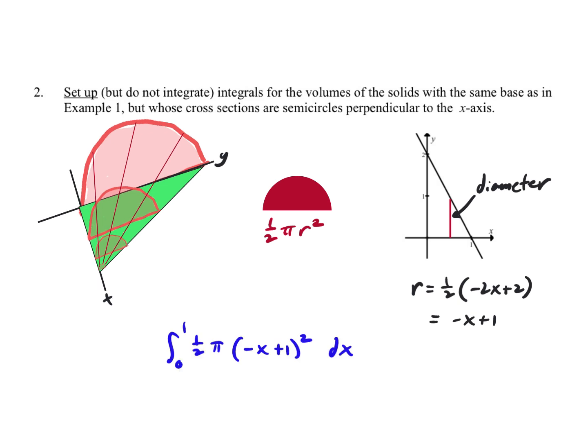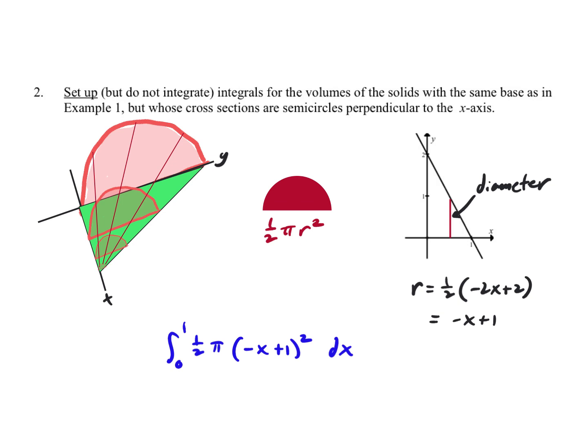From 0 to 1, 1/2 pi, this is the radius squared. Don't forget your dx. And then we would simplify that if we want, if it asks us to actually find the volume, but it does not. So we're good. If you were asked to find it, I would put the 1/2 pi out front, integrate the variable expression, and then just multiply it by 1/2 pi at the end. Okay?